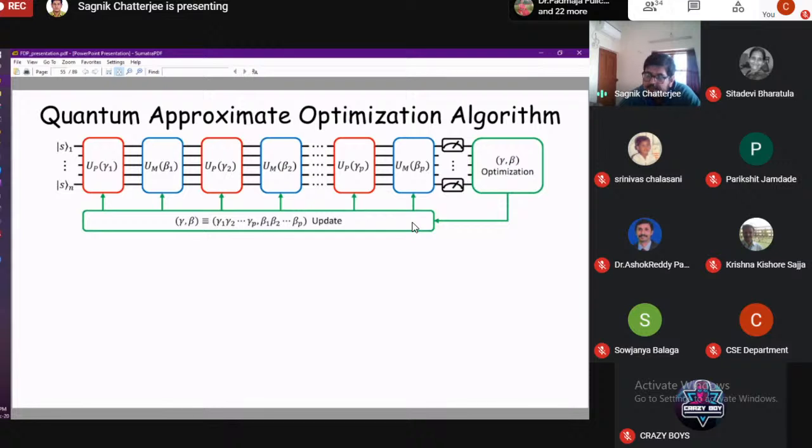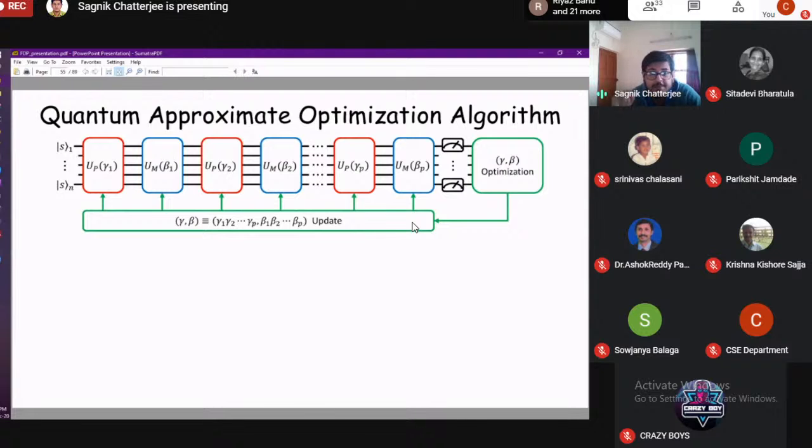So the red boxes are responsible for encoding your objective function, and the blue boxes are responsible for encoding the constraints. Now, what they showed was that mathematically, if you keep on applying the red and the blue boxes one after another, and when it tends to infinity, no matter what the problem is, we can always find the optimal solution, which is a very bold statement.